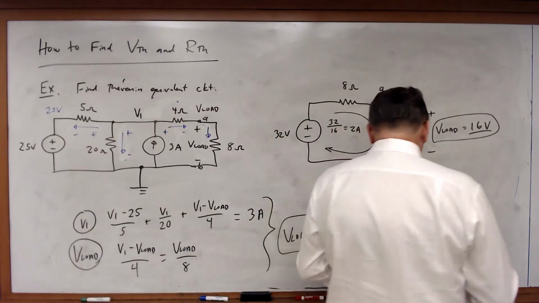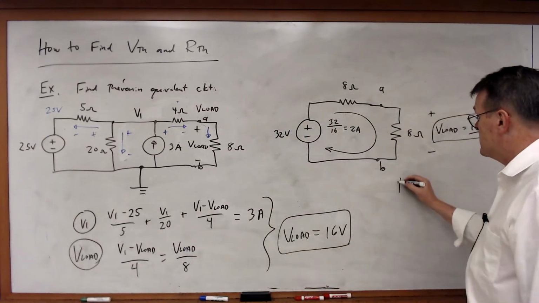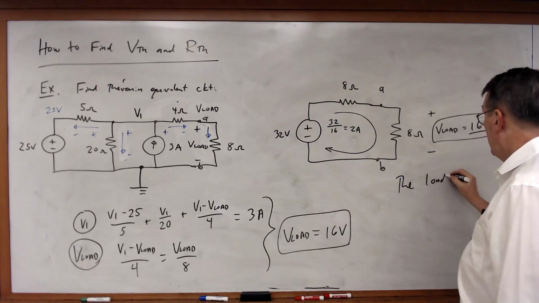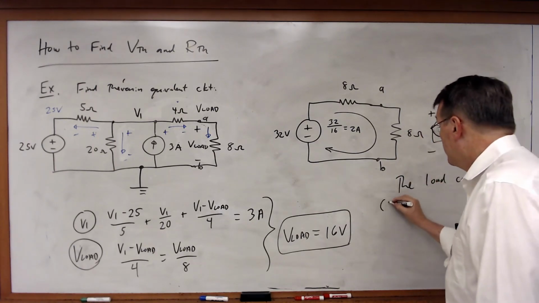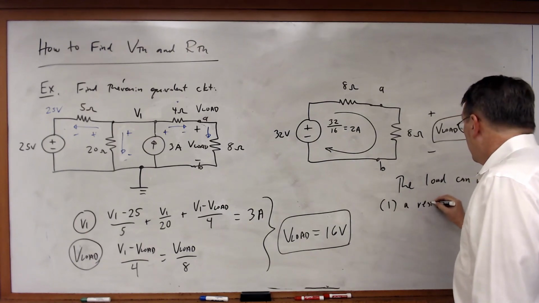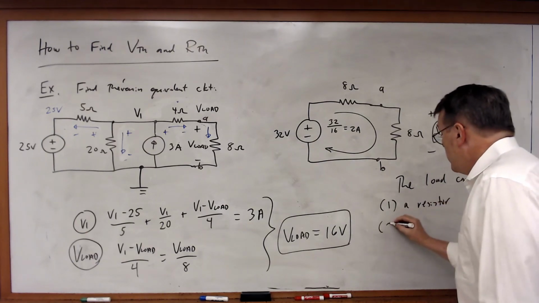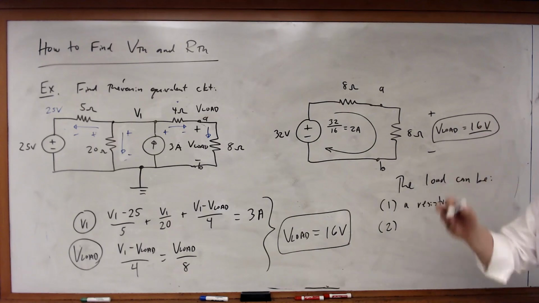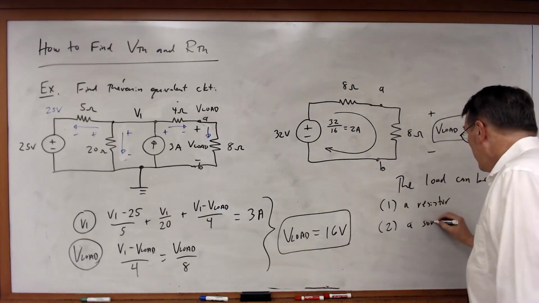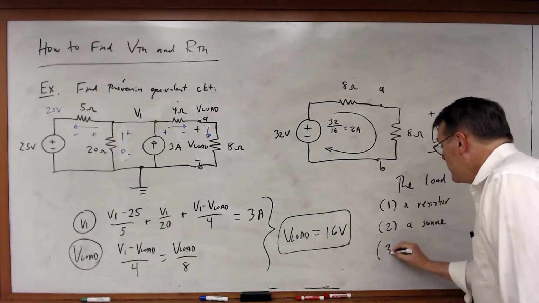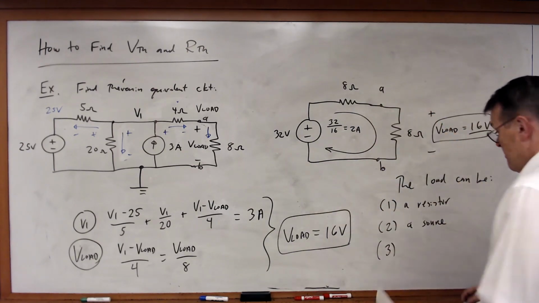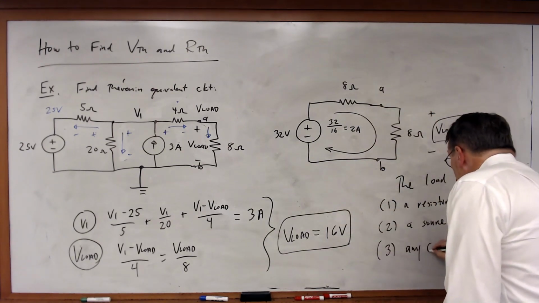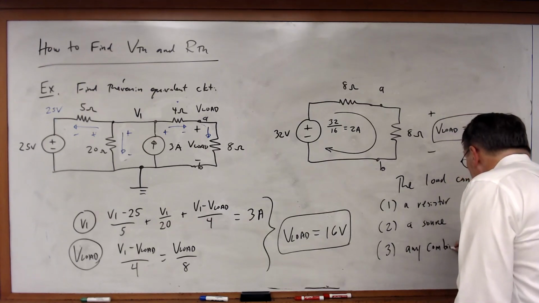Just to emphasize, the load can be a resistor. It can be a source. And it can be any combination of sources and resistors, so any combination of circuit elements.